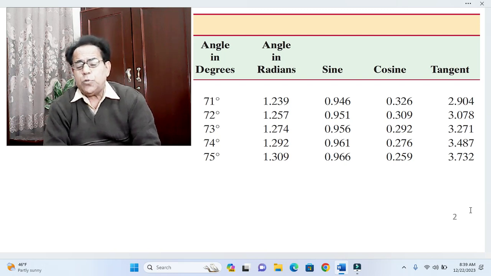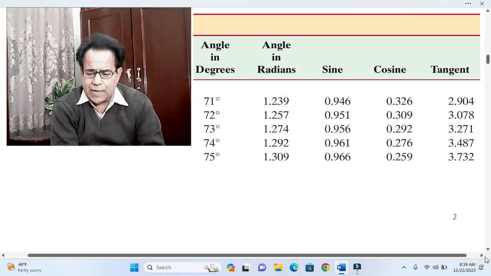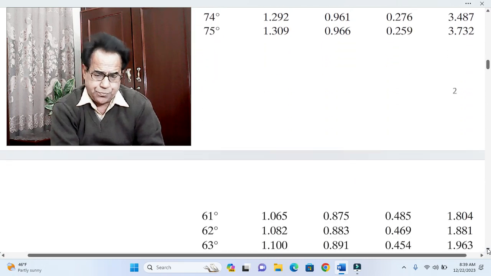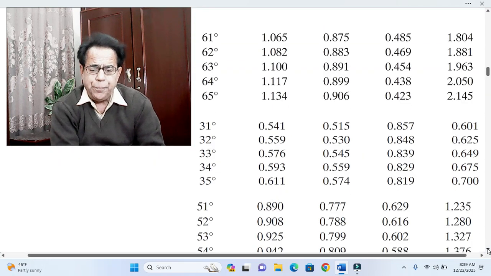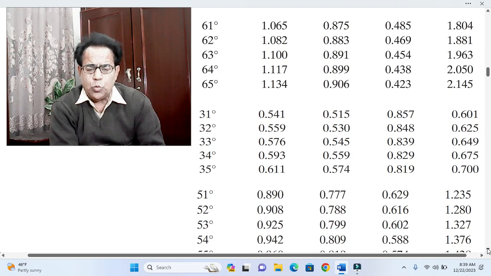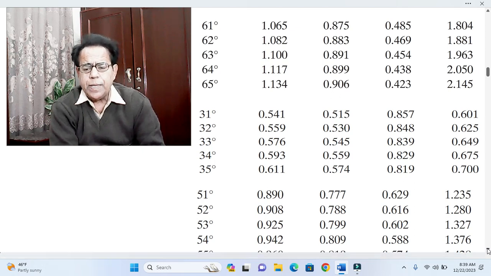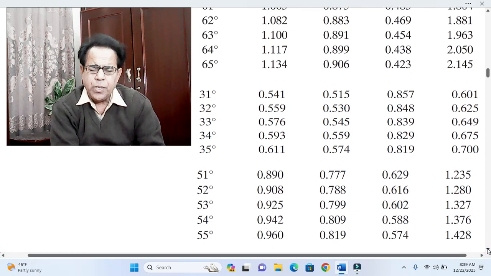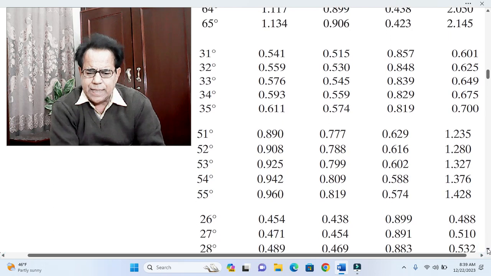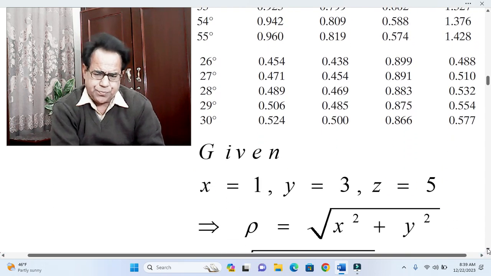We have to keep this in mind, because this table deals with only 0 to 90 degree, so accordingly we have to subtract that value from pi, or perhaps sometimes even add that value to pi. So these are the concerned portions of that table.